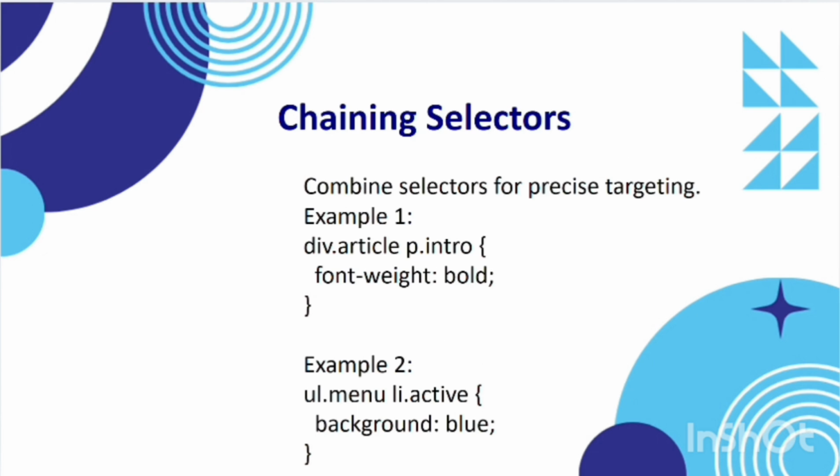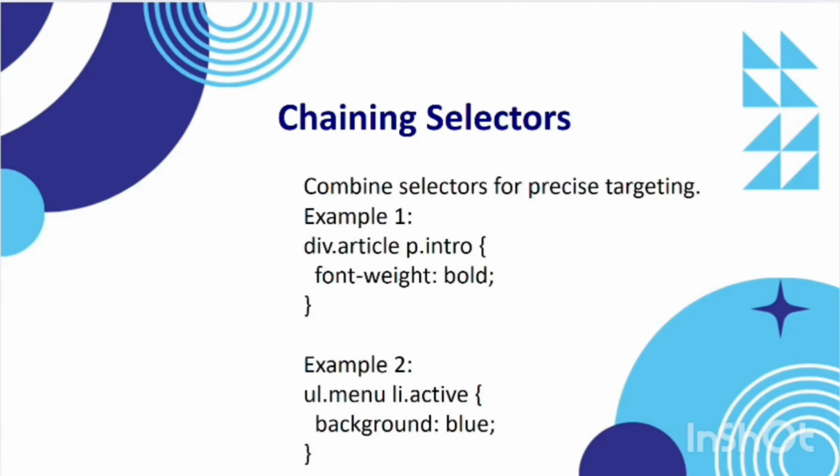Now chaining selectors. It combines selectors for precise targeting of elements. Let's see an example. Here we have taken div.article p.intro, font weight bold, which means only paragraphs with class intro inside a div.article will be bold.